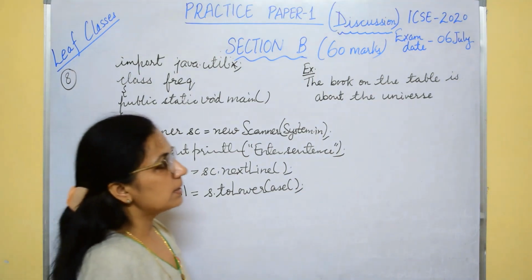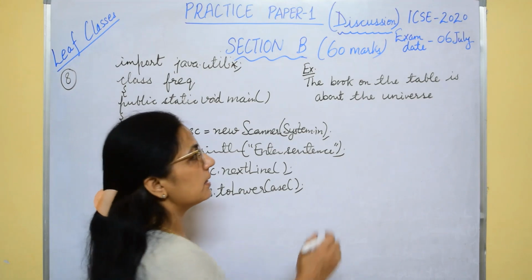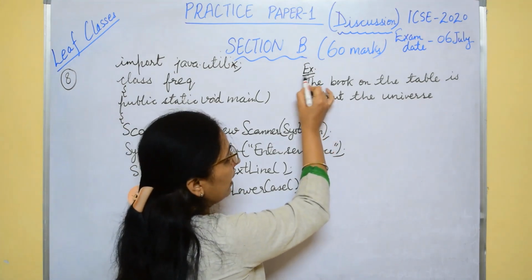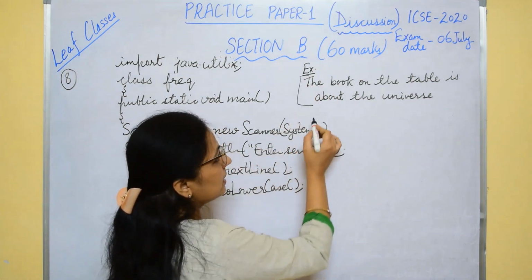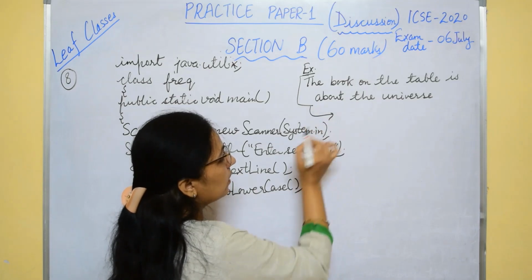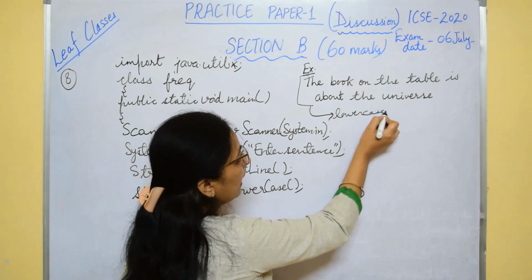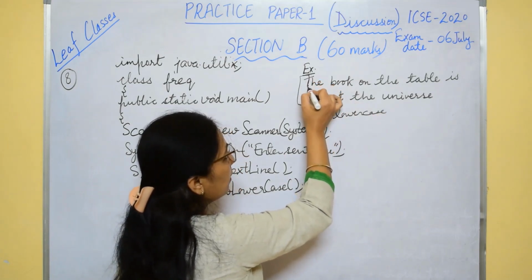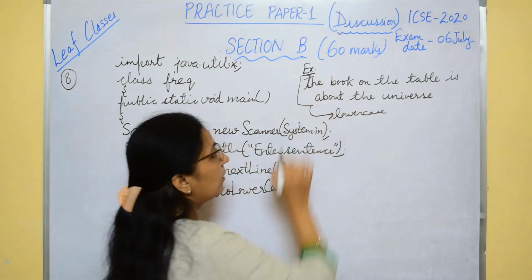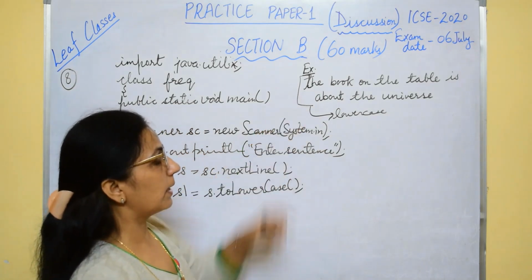Now first we'll see the logic for this. Now when this string is entered and when this string is converted to lowercase, in lowercase all the characters of the string will be converted to lowercase. So the first t will be also in lowercase.